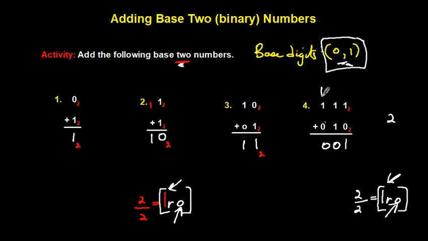We don't put down 10 for this because 10 is not a digit of the base system. In terms of the digits, the highest digit is actually 1. So we put down the 0 and carry the 1 right here. So 1 plus nothing gives you back 1. And remember that is in base 2. So always put back your base.